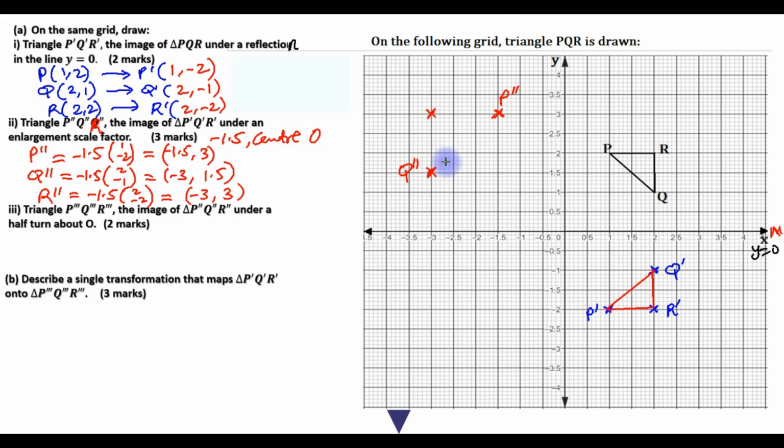Therefore we join the points. So this is R double prime. So let us join Q double prime to R double prime, R double prime to P double prime, then P double prime to Q double prime. So that is the triangle, the image under the enlargement.